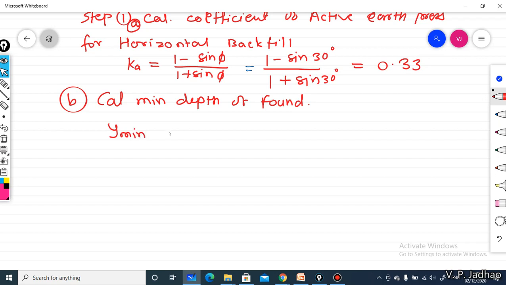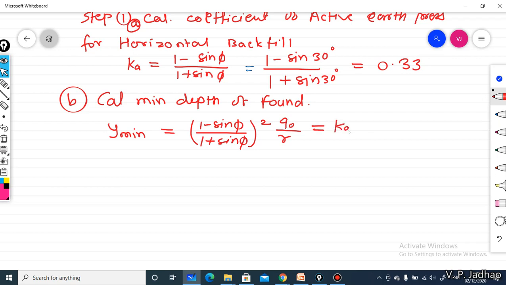So y minimum is equal to the formula: 1 minus sine phi divided by 1 plus sine phi, bracket squared, multiplied by q0 by gamma, where q0 is the safe bearing capacity and gamma is the unit weight of soil mass of backfill.